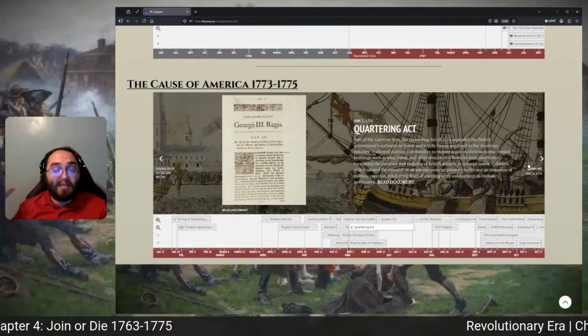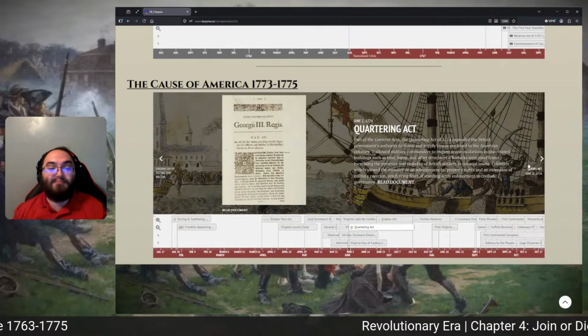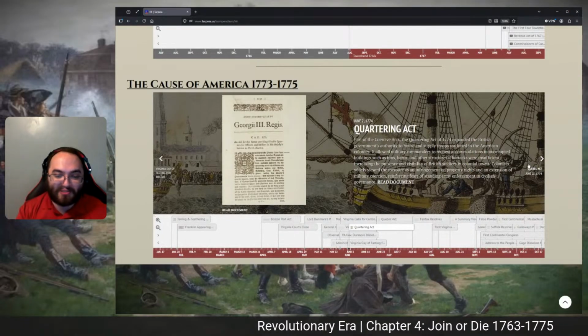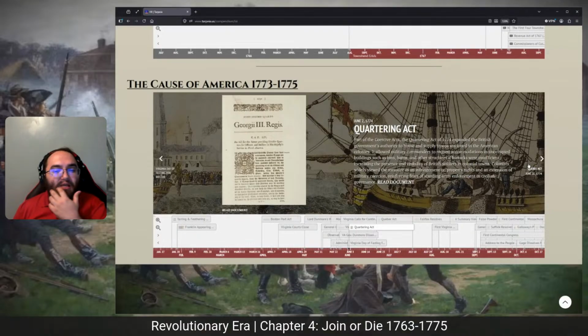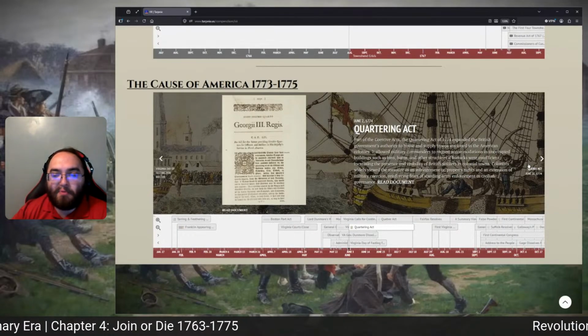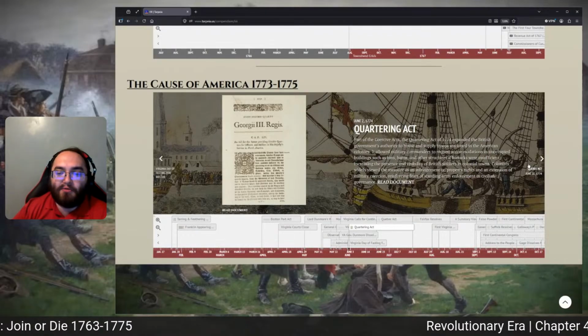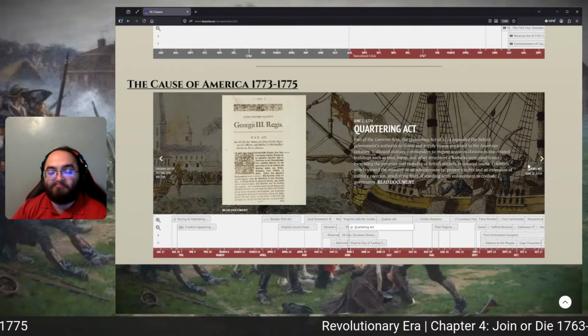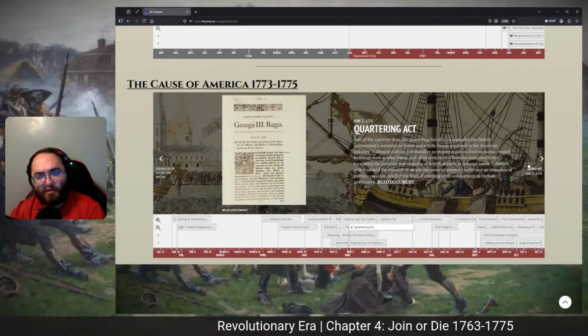Now you have the Quartering Act of the Intolerable Acts, not the Quartering Act of 1765. This expanded the British government's authority to house and supply troops stationed in the American colonies.